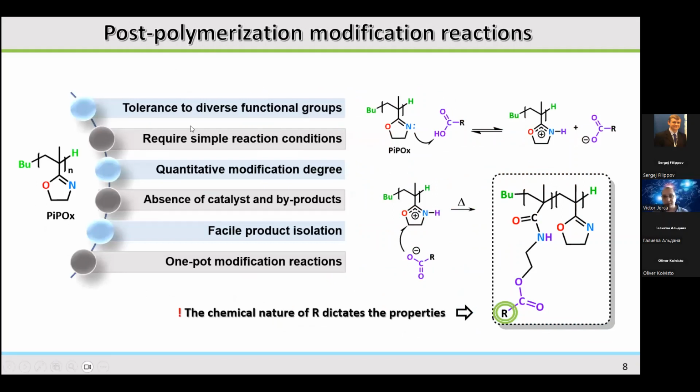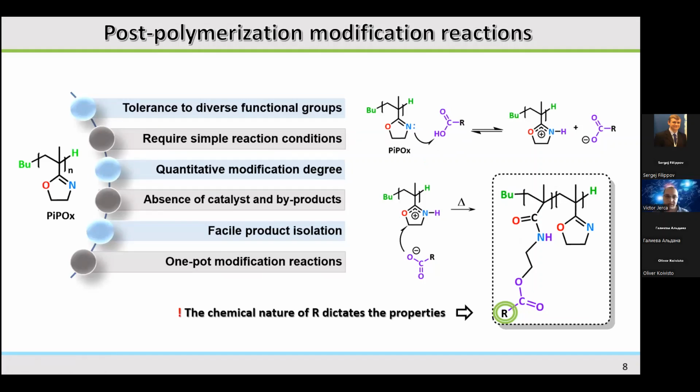And this post-polymerization modification reaction with carboxylic acids is very interesting because it has a series of advantages over other post-polymerization modification reactions. First of all, the reaction conditions are very simple. You just have to mix the polymer and the carboxylic acid in a certain ratio and then heat it.